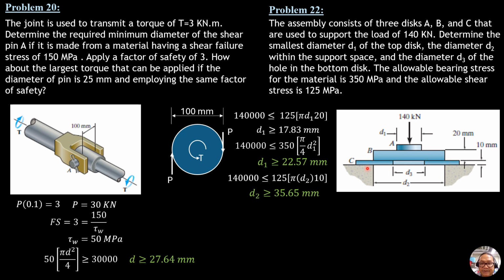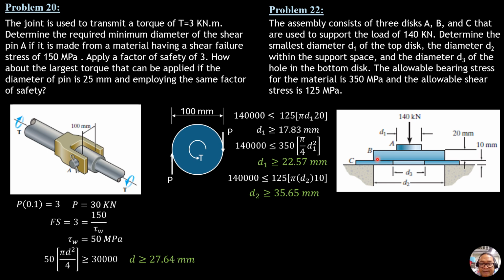This cross section, remember that's a circular plate. If this middle plate fails by punching shear, definitely it will be this value, very small. So we investigate bearing only because the shearing does not control.